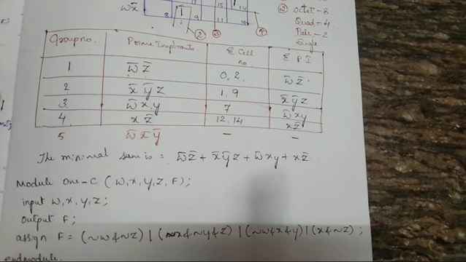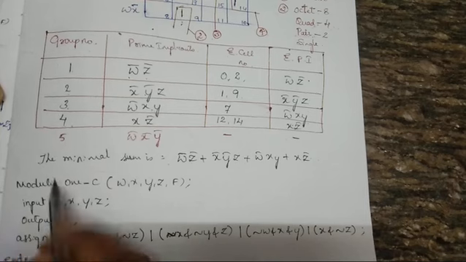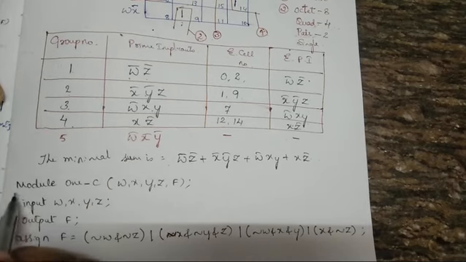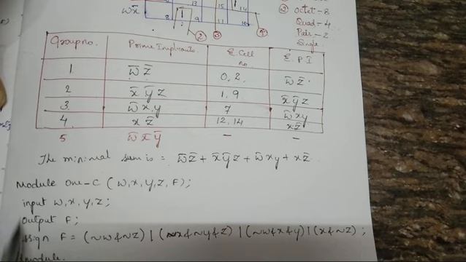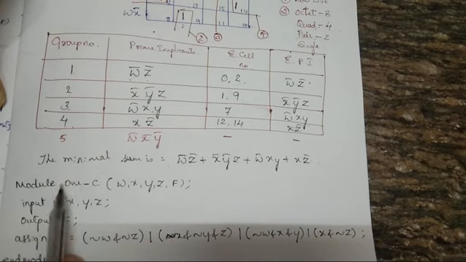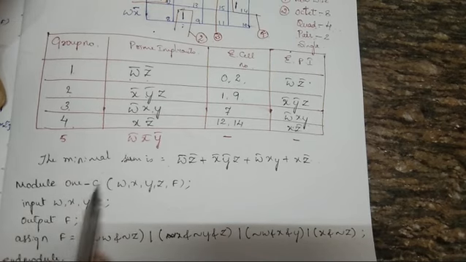How do we write it? Our program must always start with a module. The first thing is that everything must be in small letters. Module, space, and then we write the name of the program.